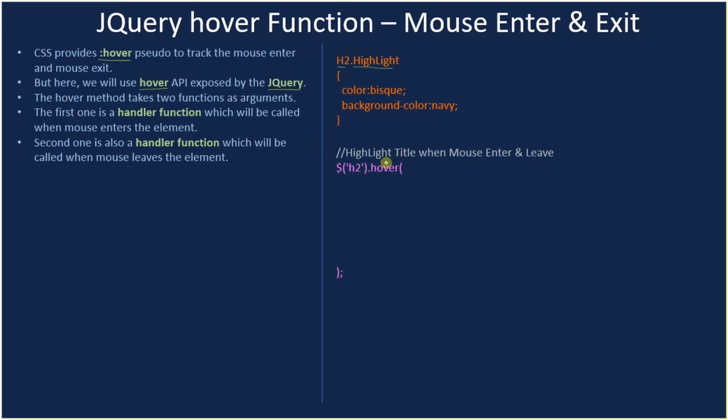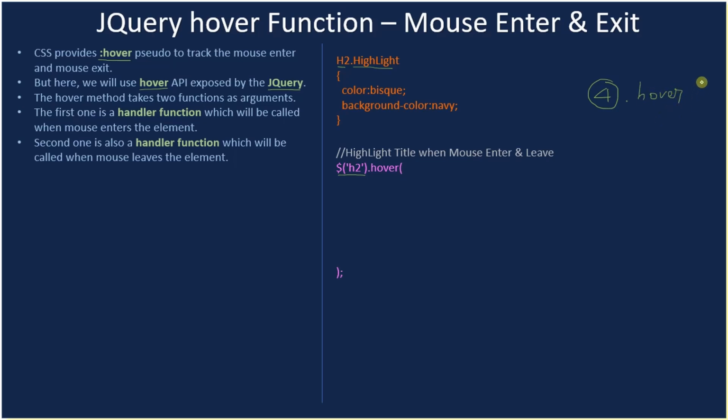Here if you see, highlight title when mouse enter and leave, for that what we are doing, $('h2'). That means it will filter all the H2 elements in the document. In our sample HTML document, we have 4 elements of H2. That means all 4 elements will be selected here, and we are making a call to the hover function on all those 4 elements.